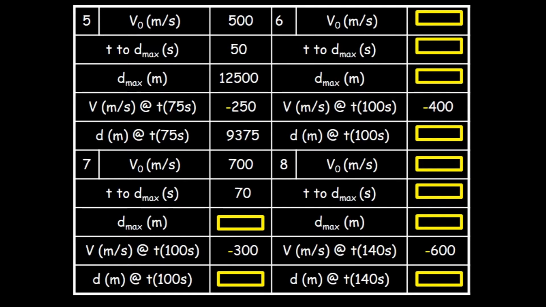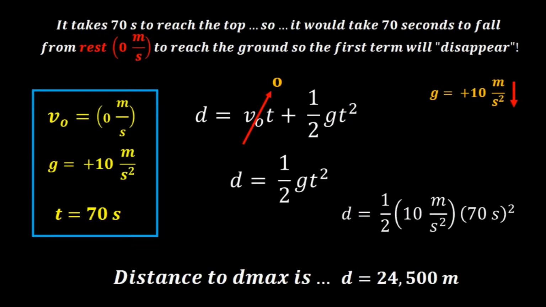Next, we want to look at Dmax. Dmax is going to be, from the equation, d equals v naught t plus 1/2 gt squared. Now, we know that the initial velocity is 700 meters per second. We know that it's going to be traveling for 70 seconds. We know that it's going to decelerate at negative 10 meters per second squared.